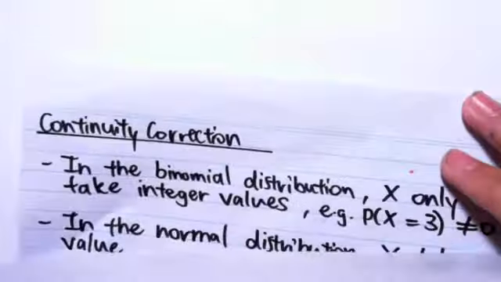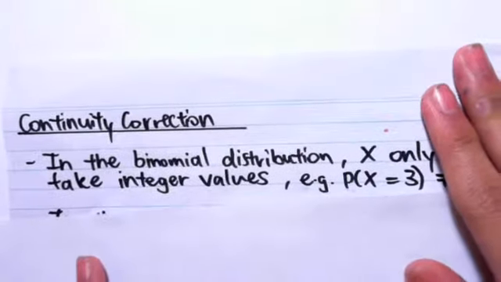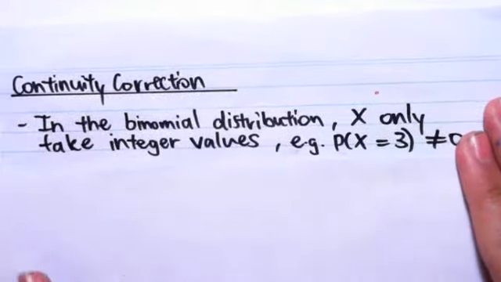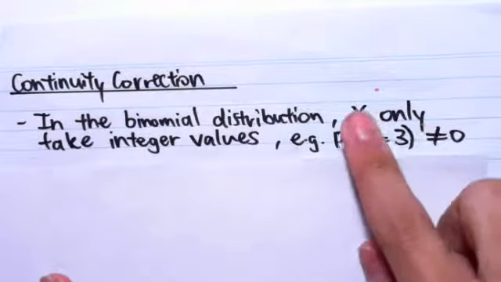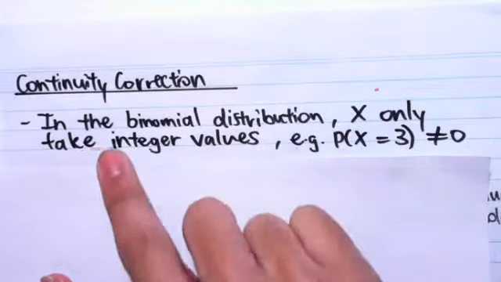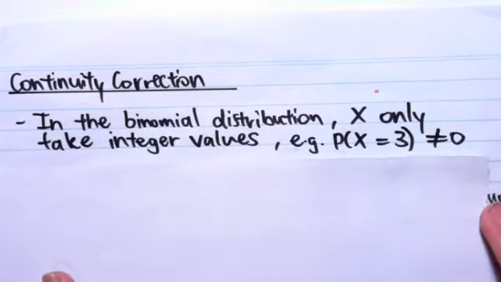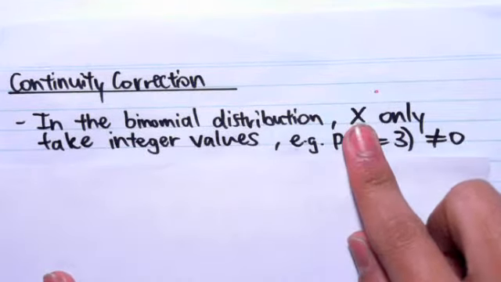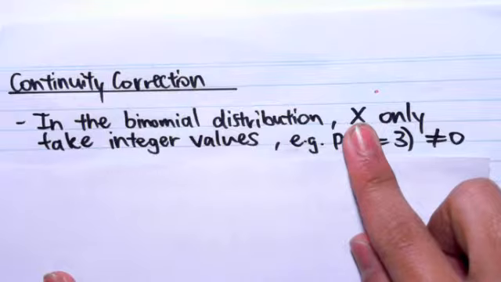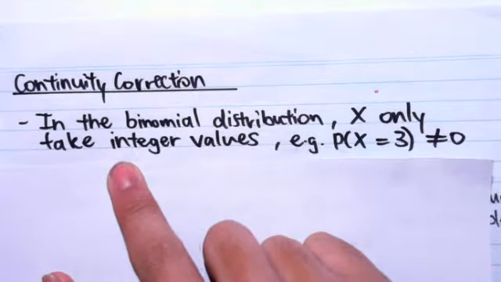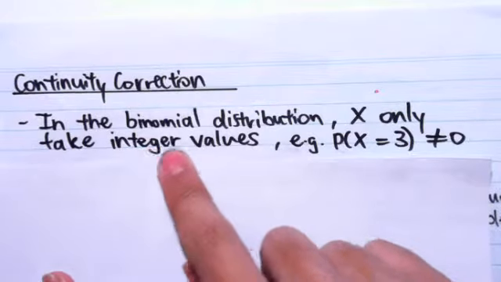So if you remember, at the beginning, in a binomial distribution, x being a binomial random variable can only take integer values. So we know that a binomial random variable is an example of a discrete random variable, and so a discrete random variable can only take certain types of values, which in our binomial case can only be integer values.